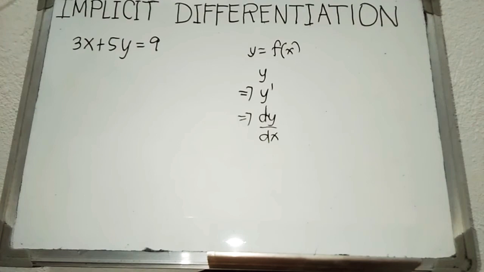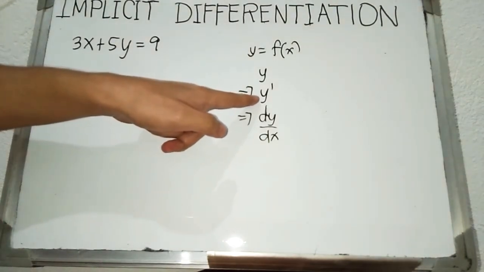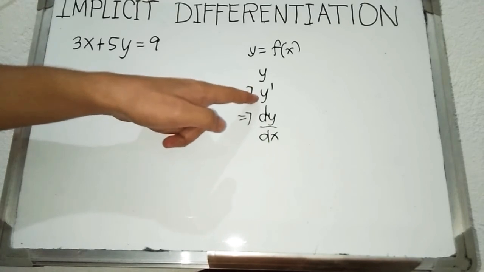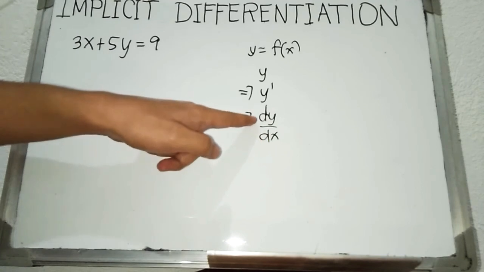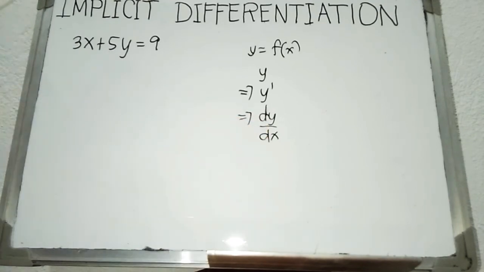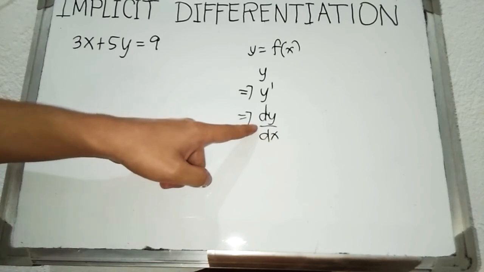So y prime means that this is now the derivative of y with respect to x, that's y prime, or dy over dx, or the derivative of y with respect to x. So y prime and dy over dx are derivative symbols for y.